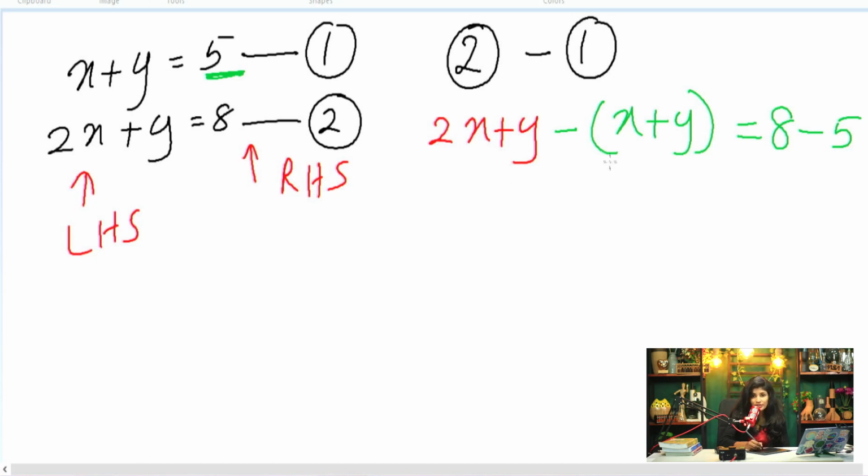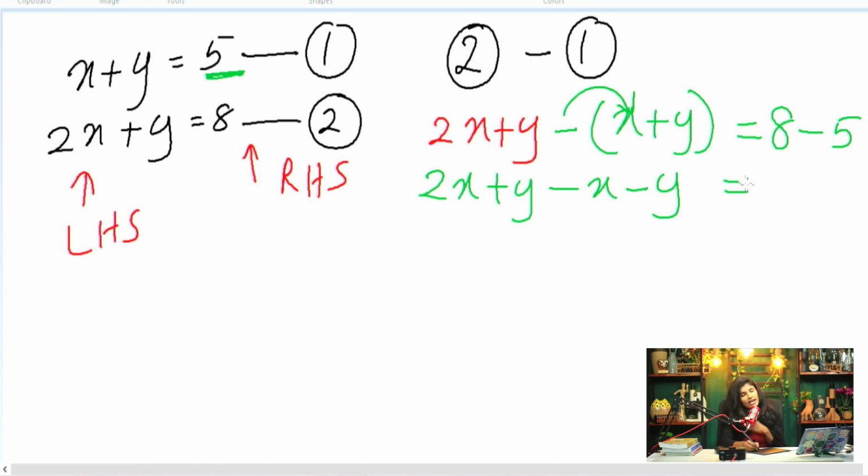Now I'm going to simplify this bracket. So 2x plus y minus x, I will multiply the inner values by the outside negative value. So negative times x, negative times y, negative y, equals 8 minus 5, which is 3.